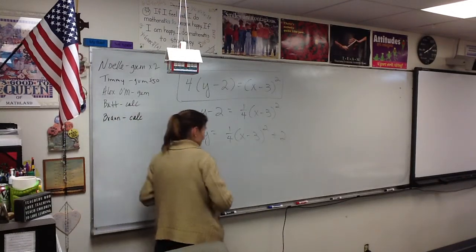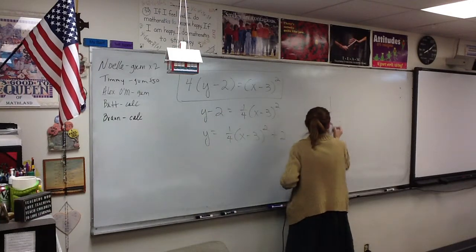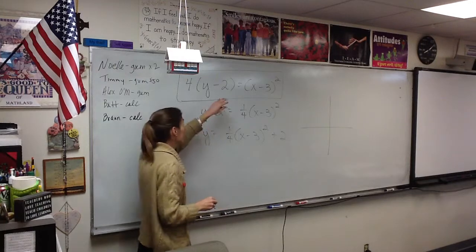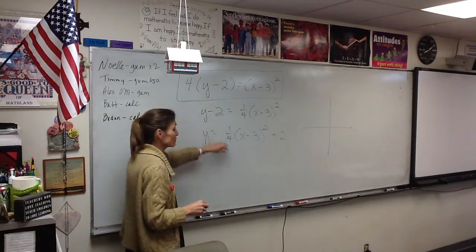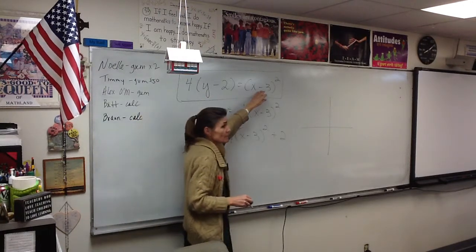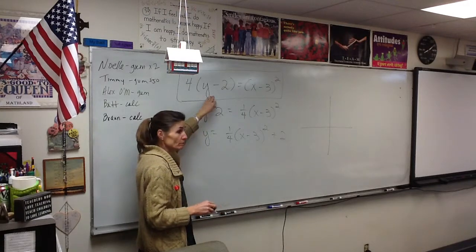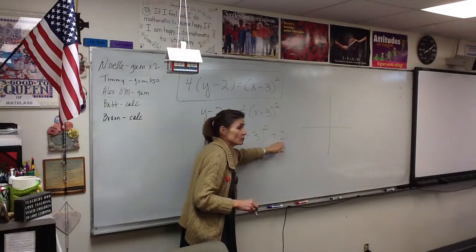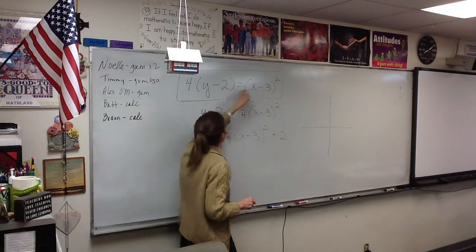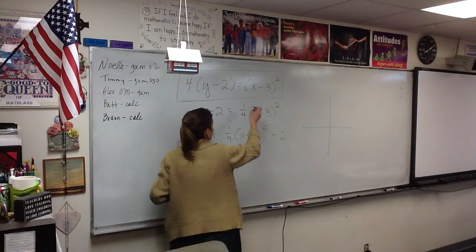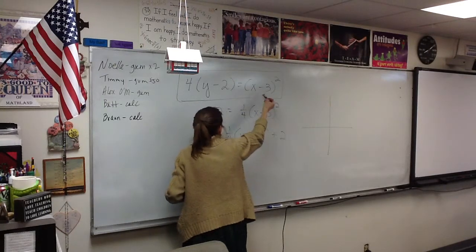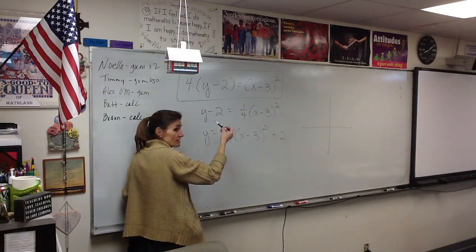Either way you write it, you can see that the vertex of this parabola is where? Where's the vertex? 3, 2. Write 3 up 2, or write 3 up 2. Notice if I have it in this form, whatever's in the parentheses, it's the opposite of that. We're kind of used to that.